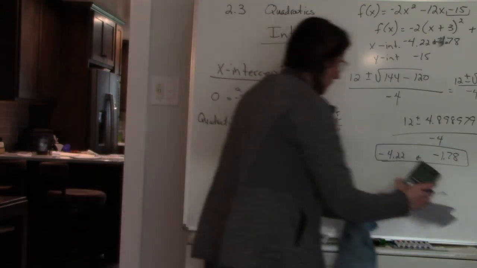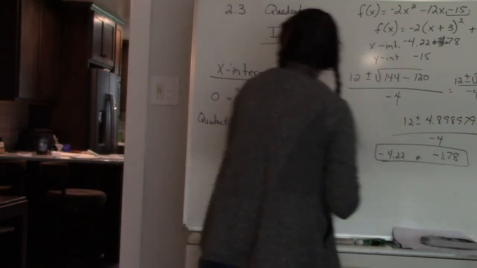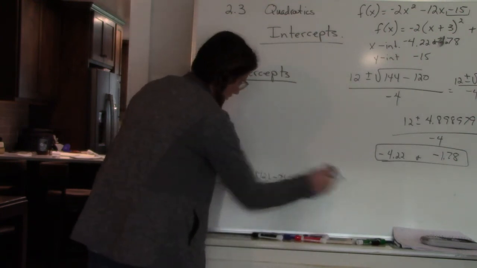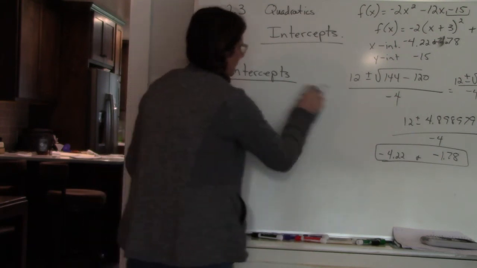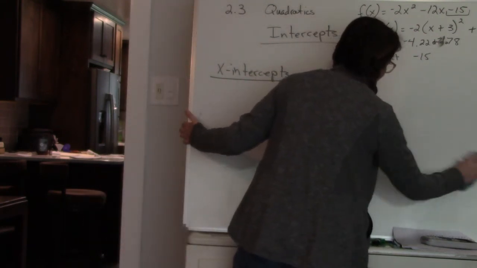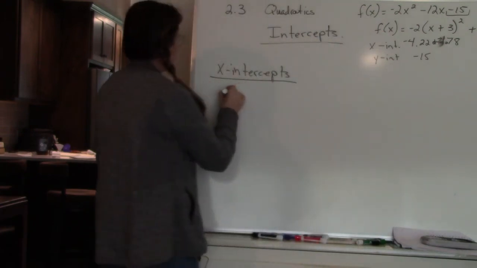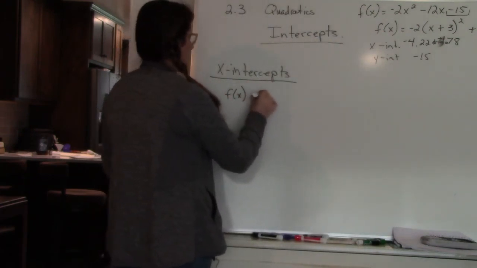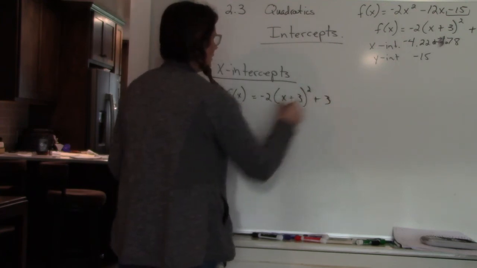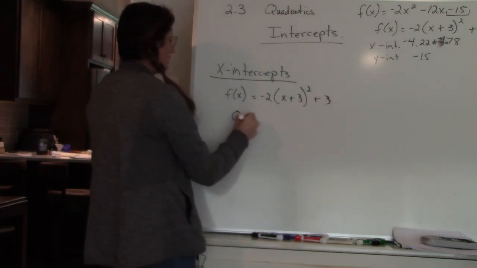So now let's go back through and find your x-intercepts when you have vertex format. Okay, so the vertex format was this one, negative 2, x plus 3 squared plus 3. So x-intercepts is when y is 0.